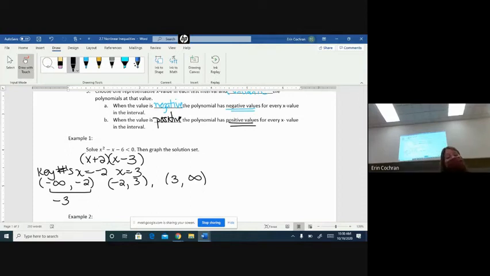If my x is negative 3, can I plug that in and get a y value? Let's plug that in: negative 3 squared minus negative 3 minus 6, and tell me what you get.